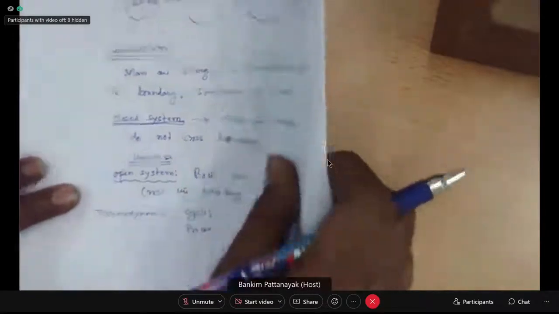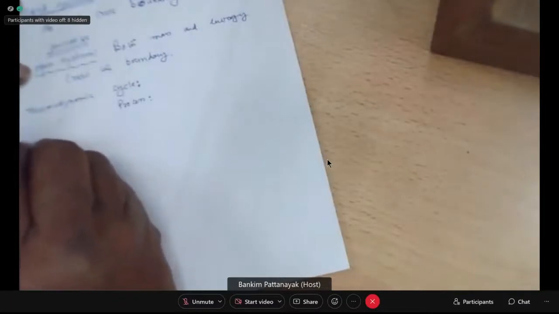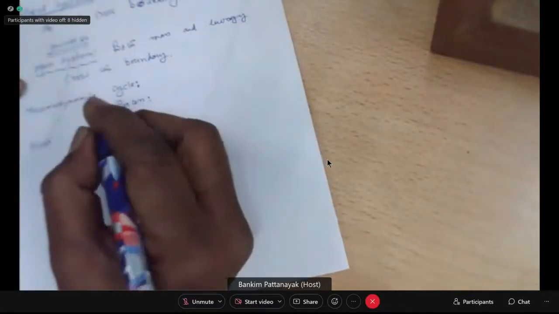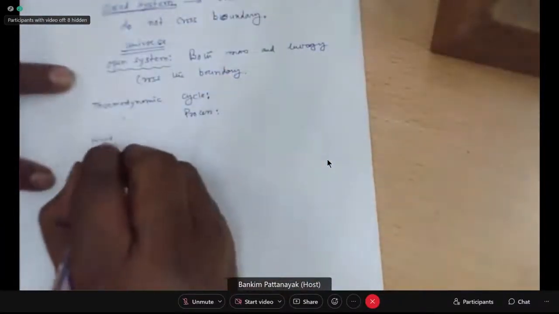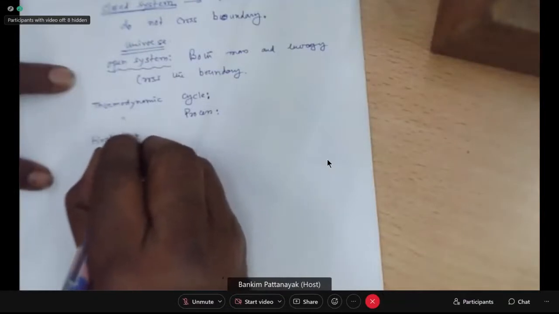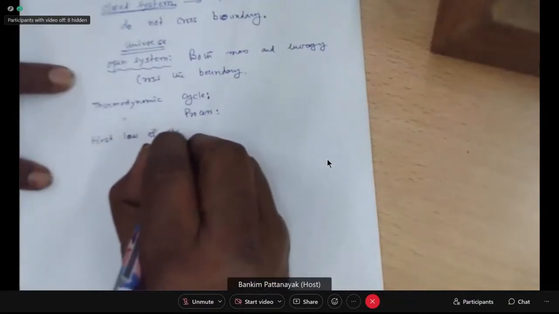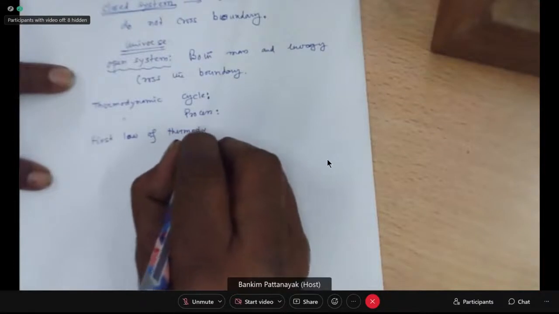Basically, the first law of thermodynamics for a cycle.